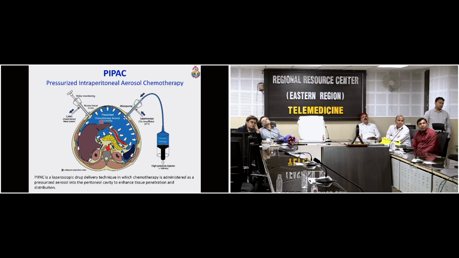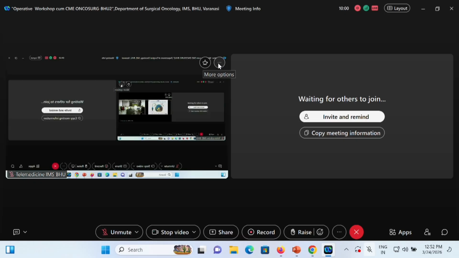And then we have another 5 mm port through which we put in a camera. It's also a balloon trocar, and then there is a closed airway suction outlet which is connected to this trocar. So essentially we require only 2 trocars in this process. Sometimes we may require 3 in case we require to do some peritoneal biopsies.